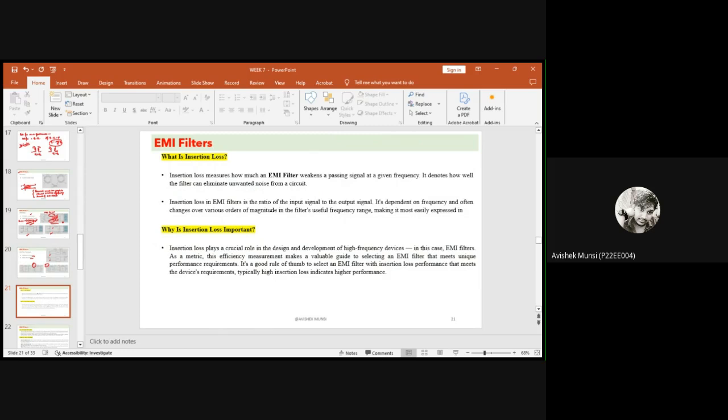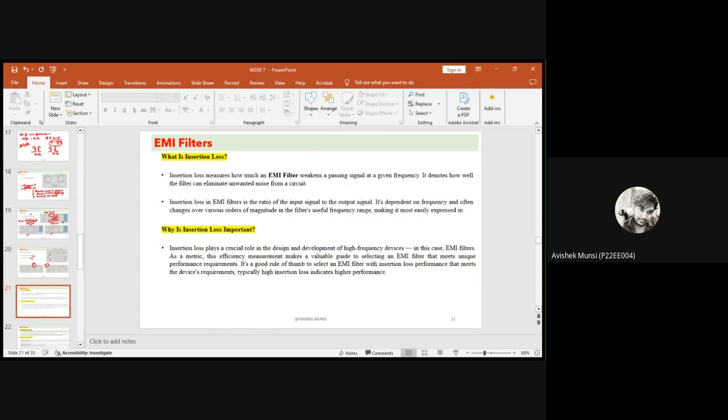So suppose it has a capacity to eliminate noise up to a certain frequency, but you are using that for some higher frequency, then it will not have the same insertion loss ratio as when we are using it for some lower frequency. Okay. So why is this loss important? Why are we talking about this insertion loss?